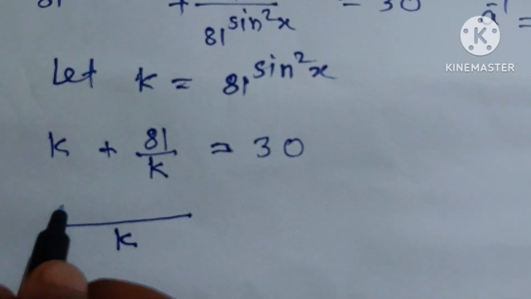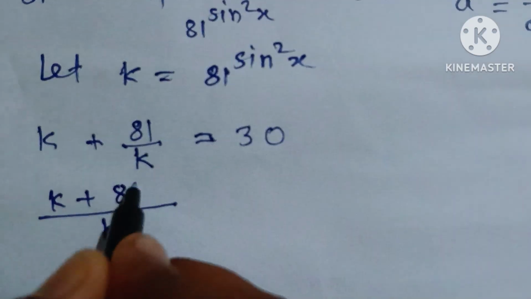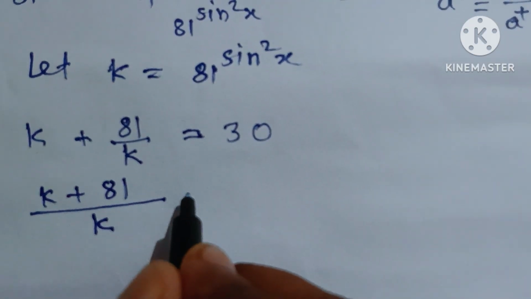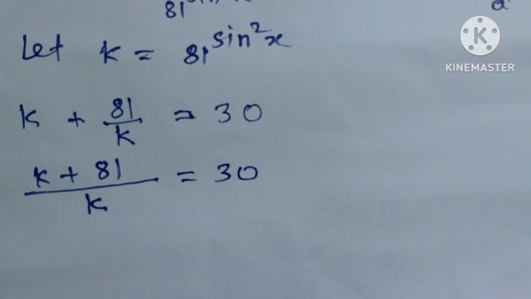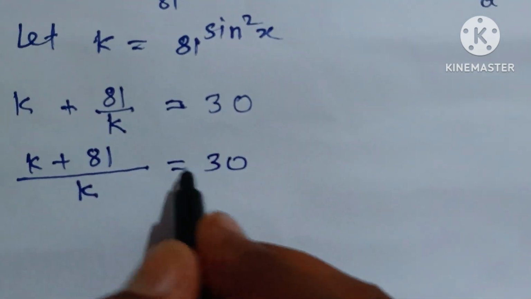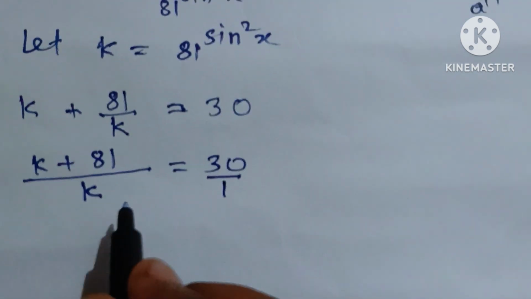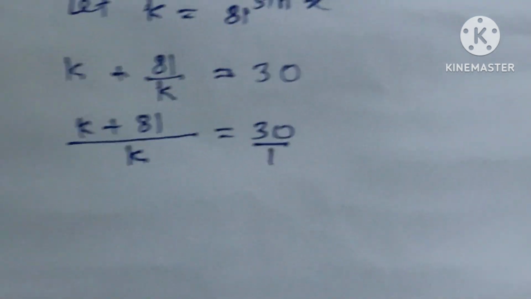So k² plus 81 over k equals 30, and the denominator on the right is 1, so we do the cross multiplication.